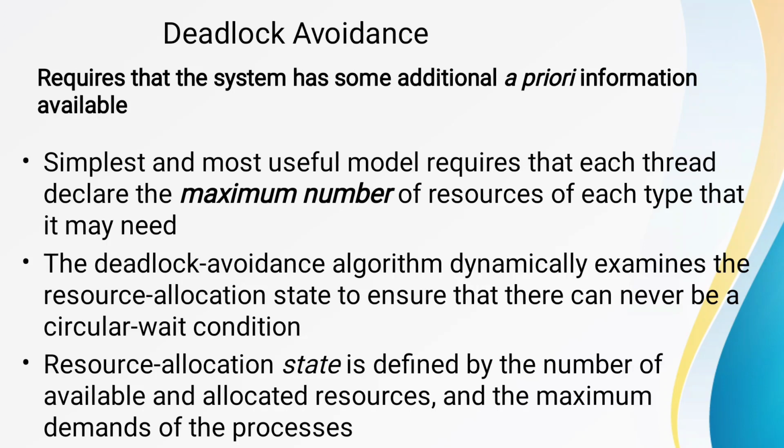Deadlock avoidance. The simplest and most useful model requires that each thread declare the maximum number of resources of each type that it may need. The deadlock avoidance algorithm dynamically examines the resource allocation state to ensure that there can never be a circular wait condition. The resource allocation state is defined by the number of available and allocated resources and the maximum demands of the processes.